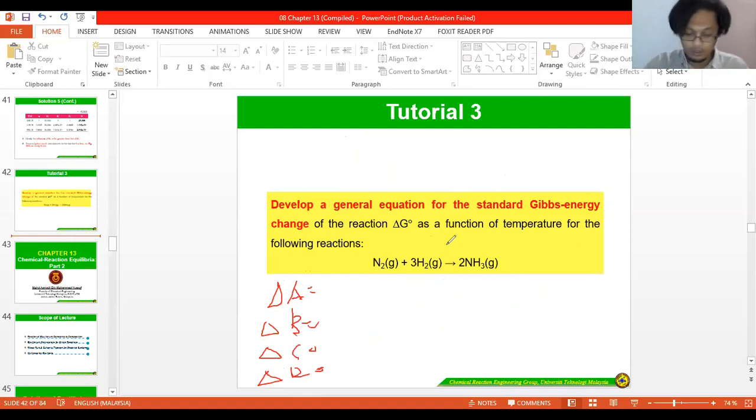Just refer to the WhatsApp group, as well as this one.